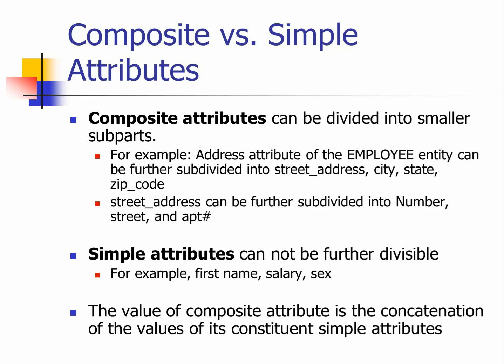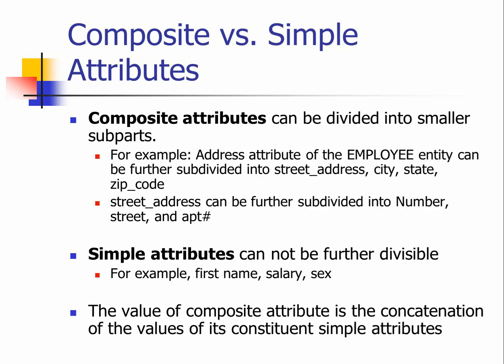When you try to apply for a credit card, or you go to Amazon and try to buy something, when you try to fill in the address, does it give you one big box of address and you fill in everything, or does it nicely separate everything into smaller parts, including street number, street name, city, zip code, state? They usually are separated. And that is the exact idea of composite attributes being implemented in real life.